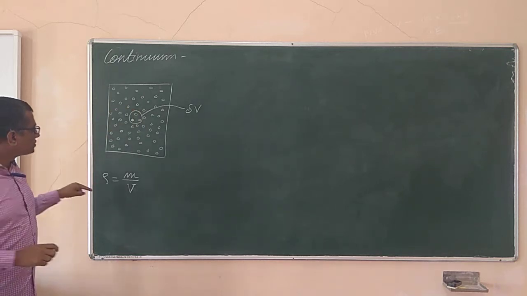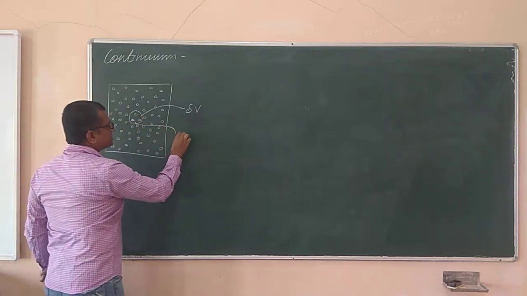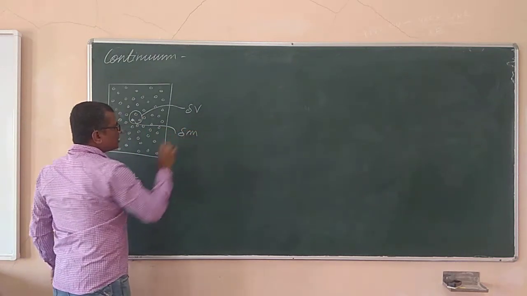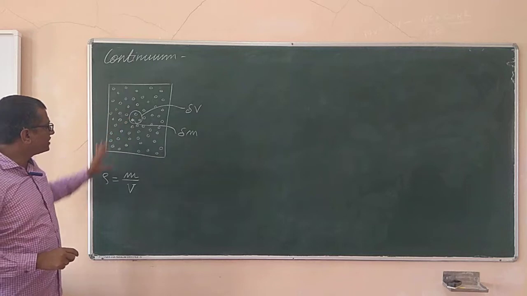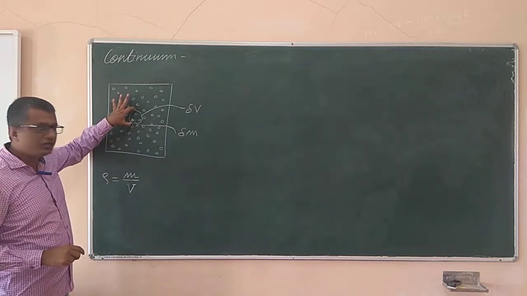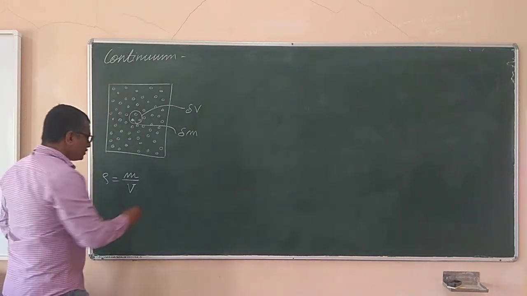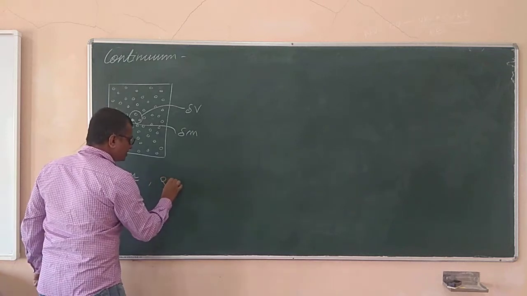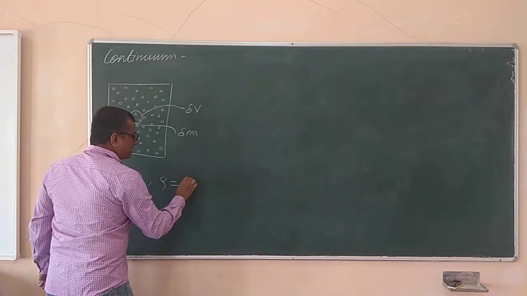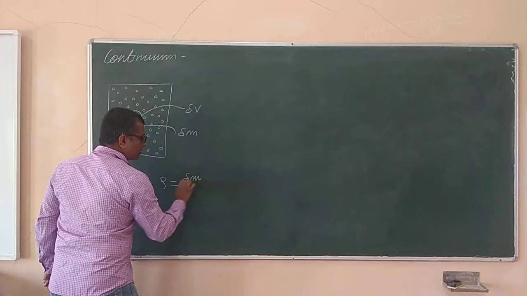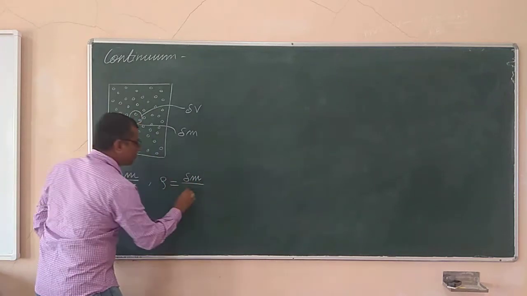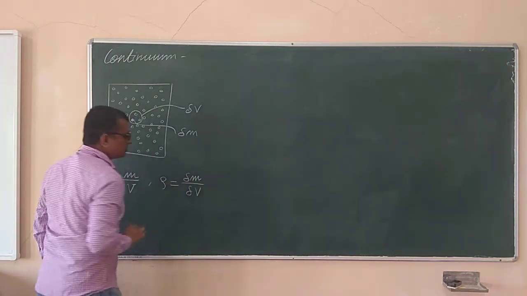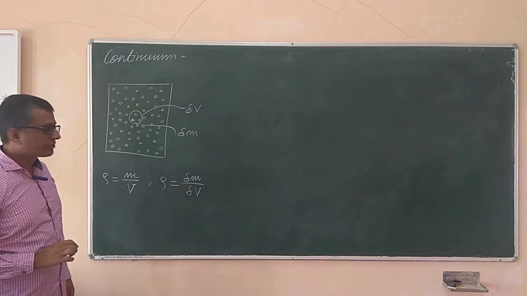Now the mass of the molecules over here, let us call it delta M. Now if I want to define density for this fluid element in this much region, I need to define it another way, that is density rho equals delta M, the mass of the fluid inside that volume, divided by delta V, the volume of that element.